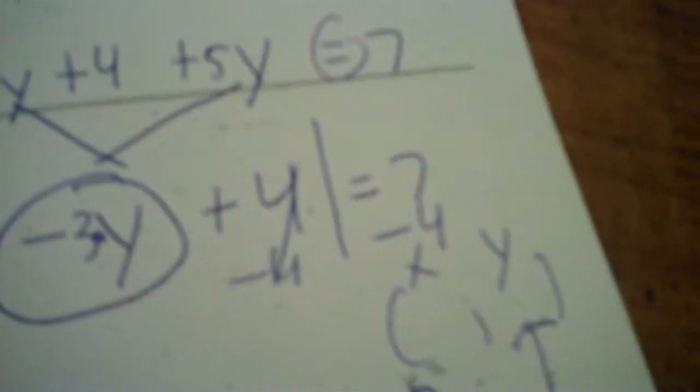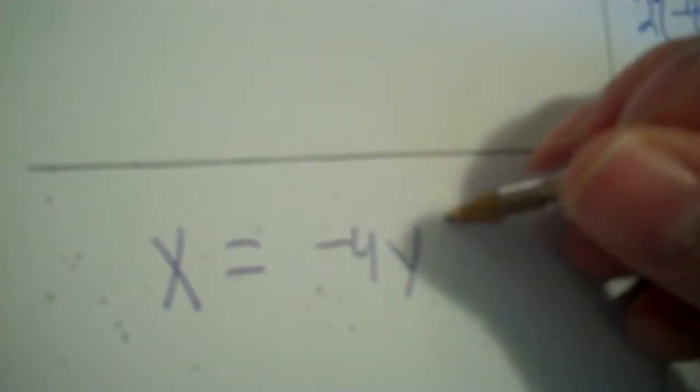So minus 4, that's 3. Then divide by negative 3, and y equals -1. So -1 goes here. Now to find the x, use your base equation because the x is by itself, which makes it a lot easier.